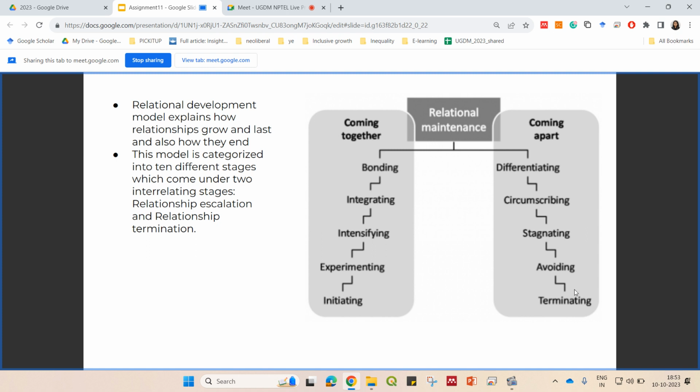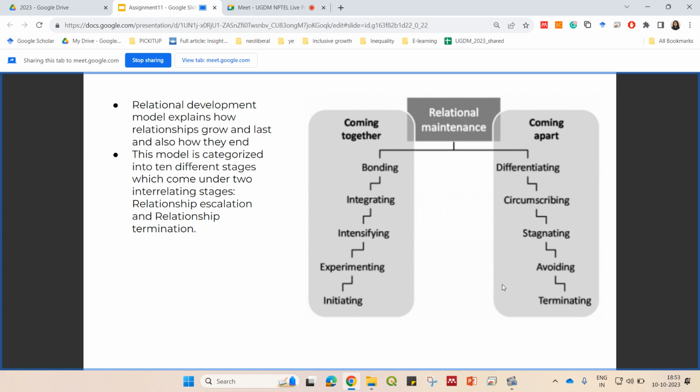After that, you realize that this relationship, organization or MOU is not working anymore. So you terminate it. That is the last stage, termination. So this is what a relational development model is.